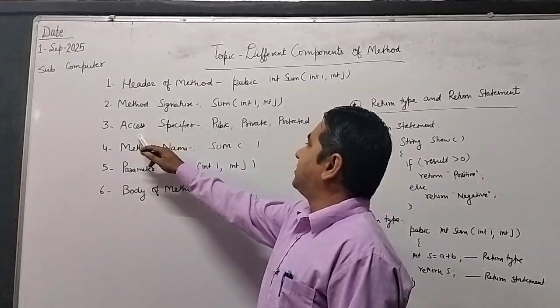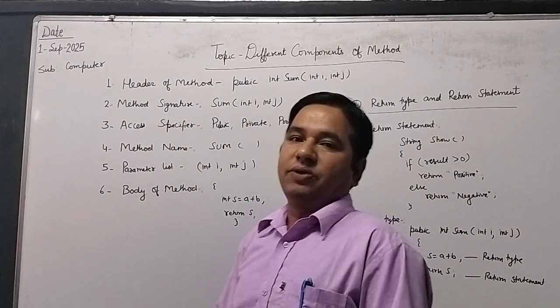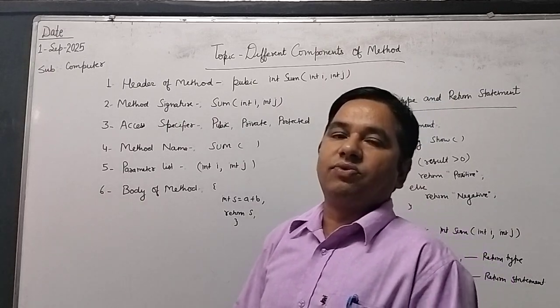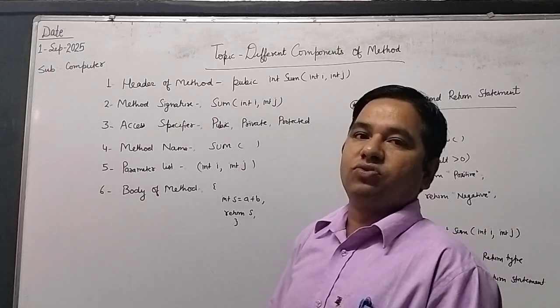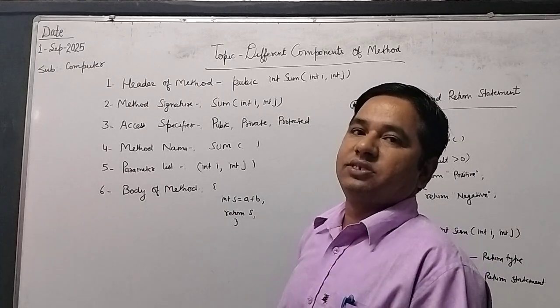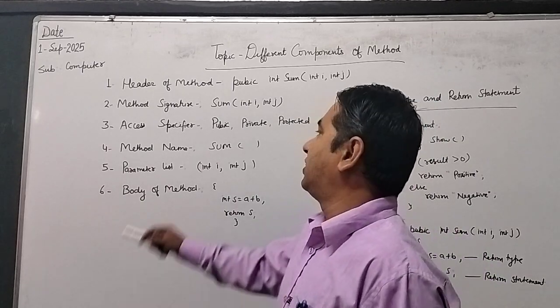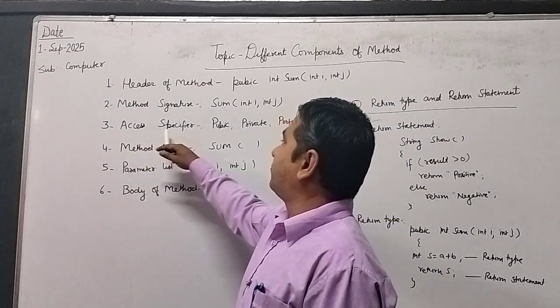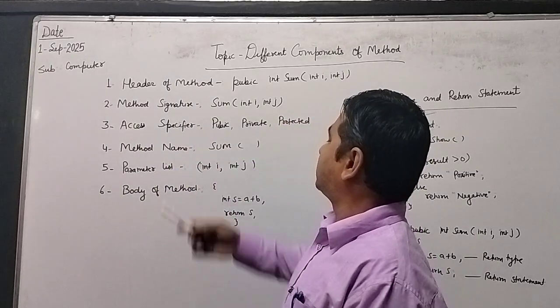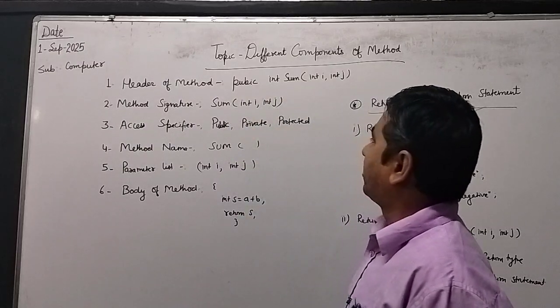Third one, access specifier. We have already discussed access specifiers in the previous chapter. It gives permission to use methods from one class in others, in only one class, or in an inherited class. There are three types of access specifier: public, private, and protected.